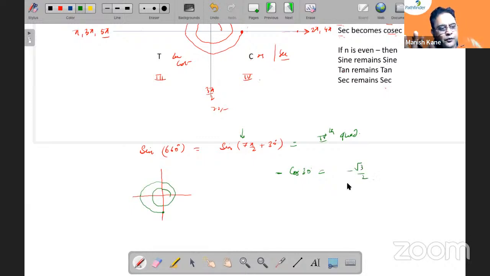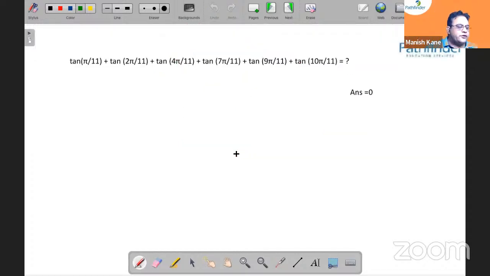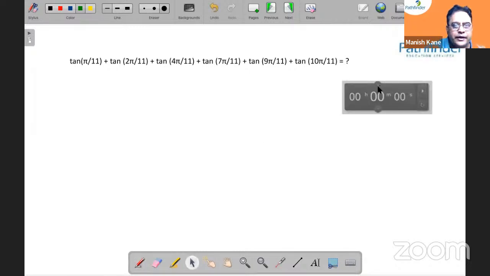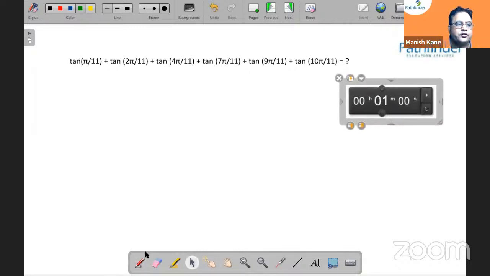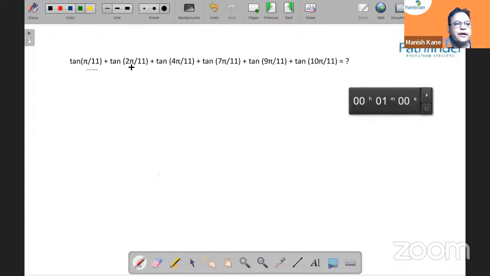I hope you've understood how to find these bigger angles, right? Now try to solve this question. Now let's quickly solve these, or let me solve these questions for you. So tan pi by 11, tan 2 pi by 11. Now it's a good question. How to solve it?